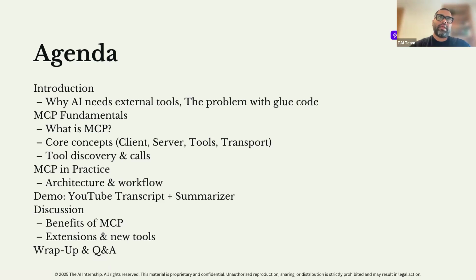Then we go into what MCP means, and I'll provide a really good resource put forward by Claude Anthropic itself, which has quite a lot of information. Then the core concepts around client, server, different kinds of tools, transport, which is the communication and how it happens, and then tool discovery, and how we make calls.